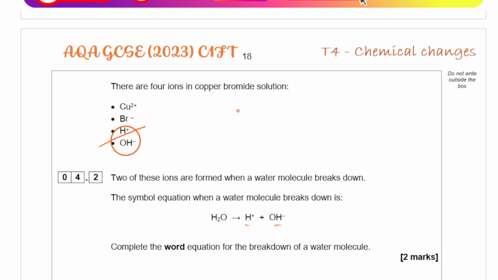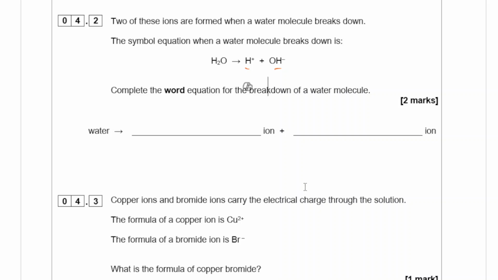Complete the word equation. You can't simply say hydrogen, you could say hydrogen ion. What is breaking down to hydrogen ion? What do you call the OH ion? It is a hydroxide ion.